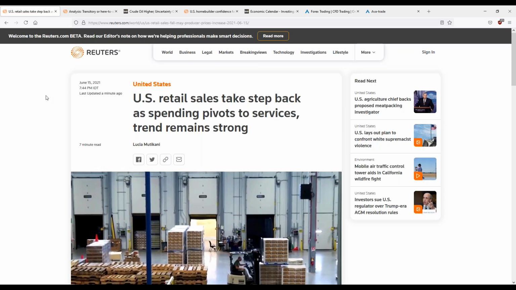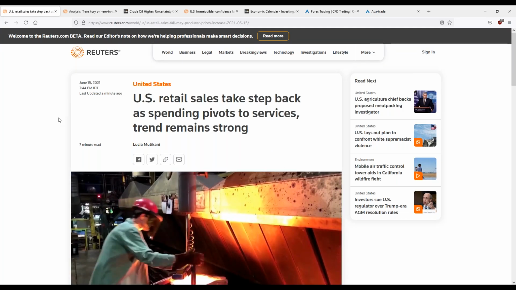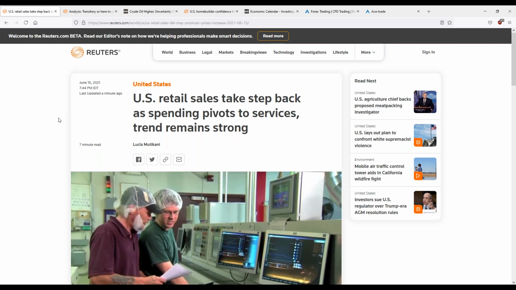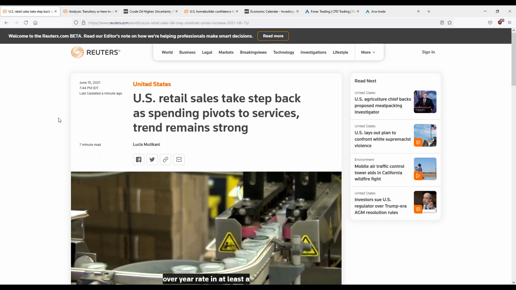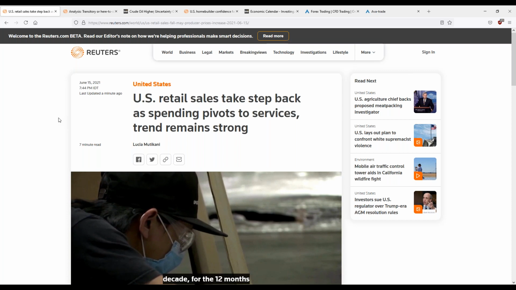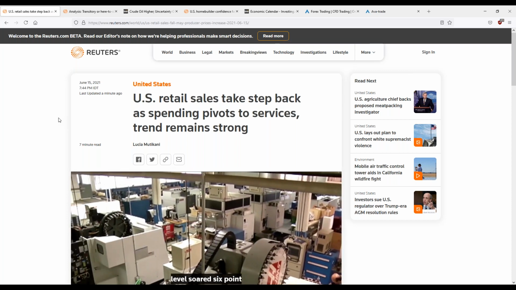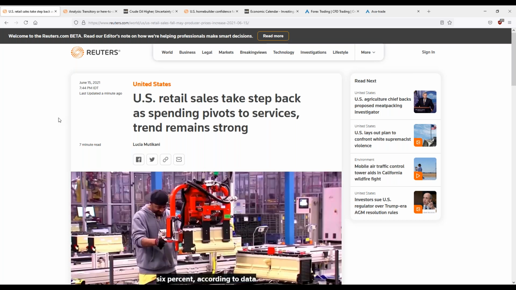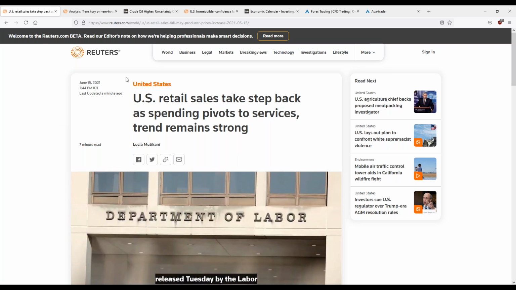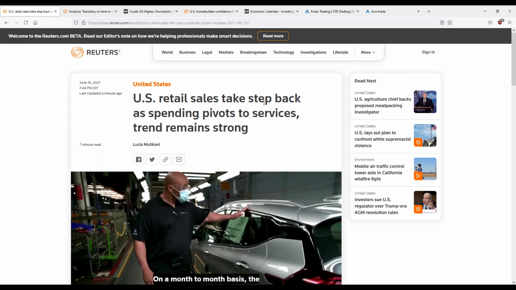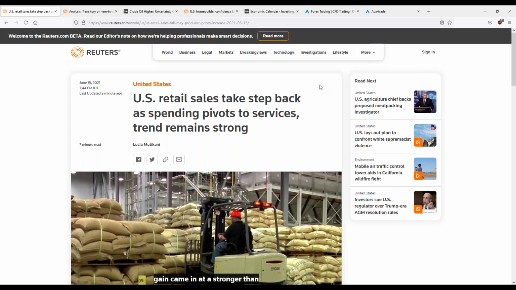So here's a headline from Reuters: U.S. retail sales take a step back. Well, that doesn't sound good. Okay, so that sounds negative. Retail sales went down. Instead of being where it was expected, it was less than expected with the announcements that came out today. And they're saying the spending is pivoting more to the services sector.